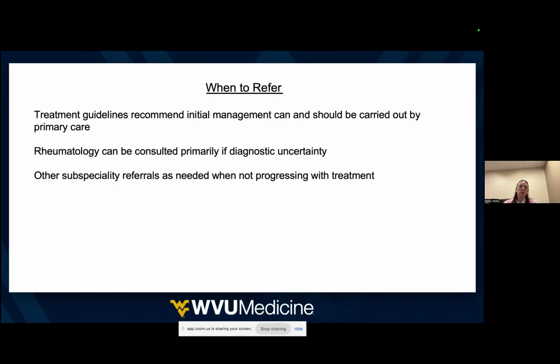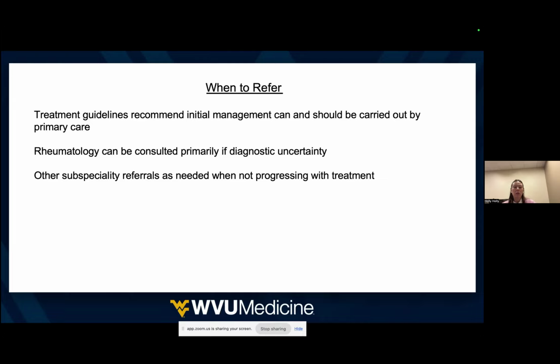Rheumatology can be consulted really if there's a lot of uncertainty, right? If they're just not responding to medicines as you would expect, and/or there are other pieces that just don't really make sense, then we can come in and help rule in or rule out if there is a possible underlying inflammatory autoimmune process or not.